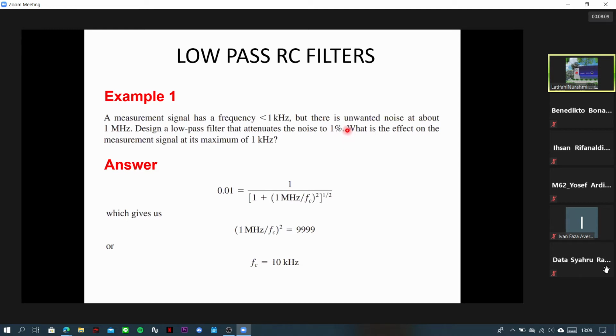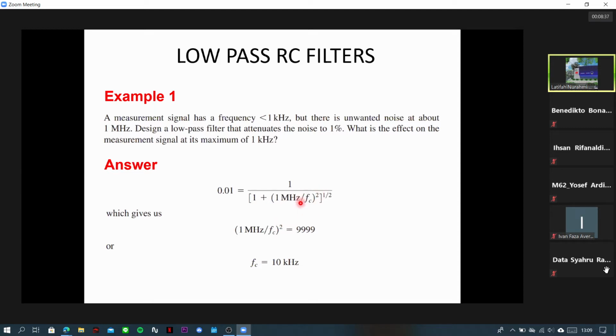Given the values and the mathematical equation, we know the ratio between output and input voltage is 1%, the unwanted signal captured is 1 megahertz, and we want to find the critical frequency, which is the limit.